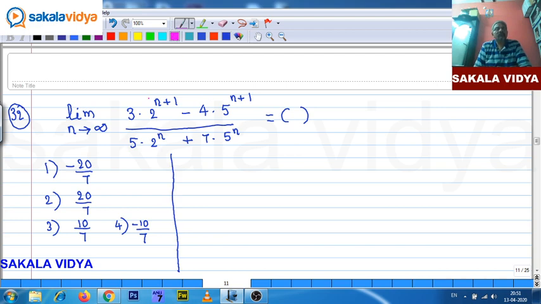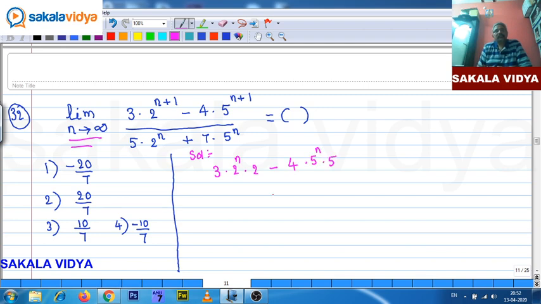So now, limit n tends to infinity (3 into 2 power n plus 1 minus 4 into 5 power n plus 1) upon (5 into 2 power n plus 7 into 5 power n). So here we need to remember that 3 into 2 power n plus 1 can be written as 3 into 2 power n into 2, minus 4 into 5 power n into 5 first.